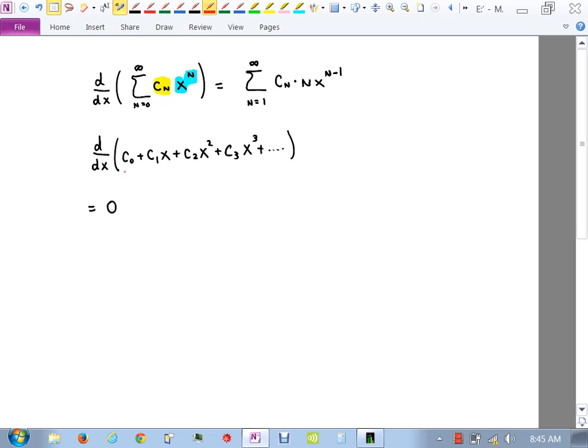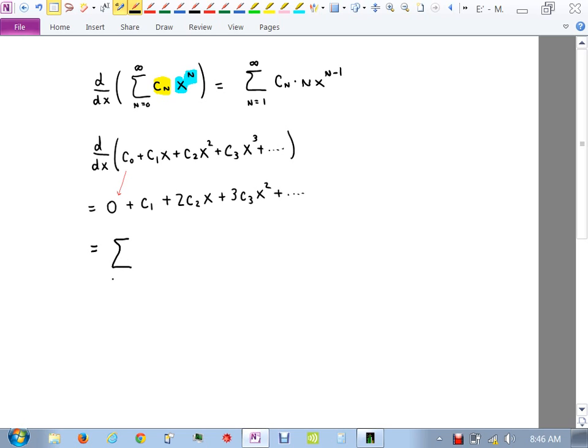That's an important step right there. Then we have plus c1, plus now the c2 is a constant, so 2 comes out, 2c2x. Here the 3 comes out, so 3c3x squared plus forever.